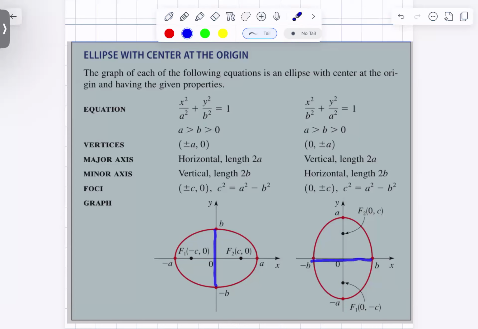And that's always going to equal 2b, because from here to here is b, and from here to here is b. And my major axis, here to here is a, and here to here is a as well. So we can see that that's going to be 2a.